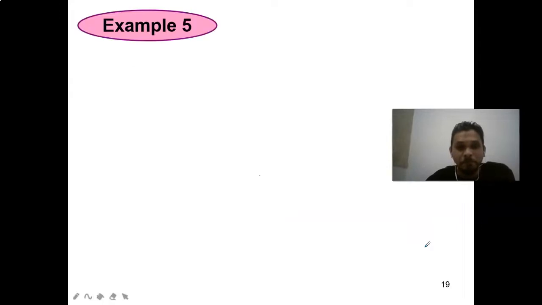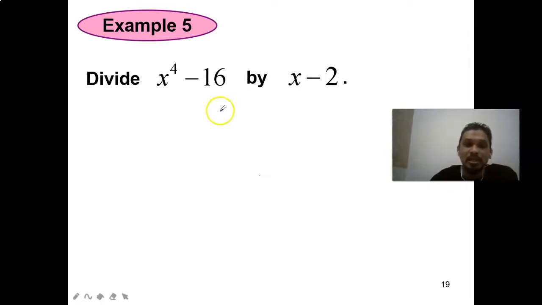Okay, next, divide x power 4 minus 16 by x minus 2. So class, for this case, when we divide any two polynomials P(x) divided by Q(x), the P(x) should be in the form where we order the degree of x from the highest to the lowest.